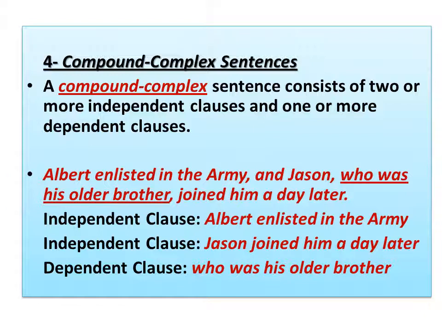Albert enlisted in the army and Jason, who was his older brother, joined him a day later. الindependent الأولانية Albert enlisted in the army. الindependent الثانية Jason joined him a day later. الdependent بقى who was his older brother. بقت كده compound complex.